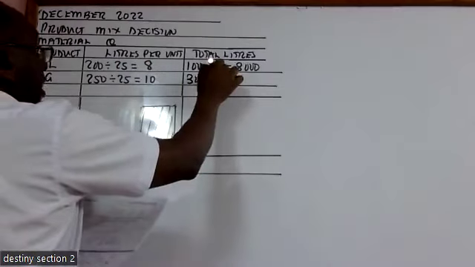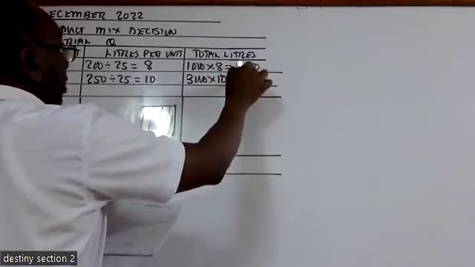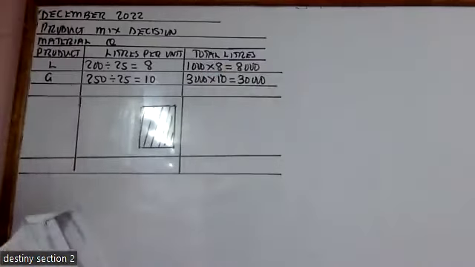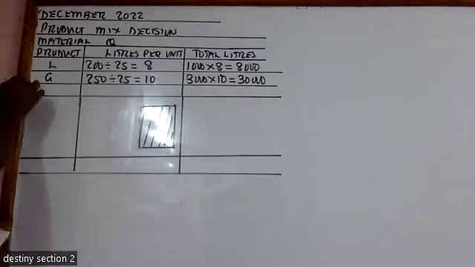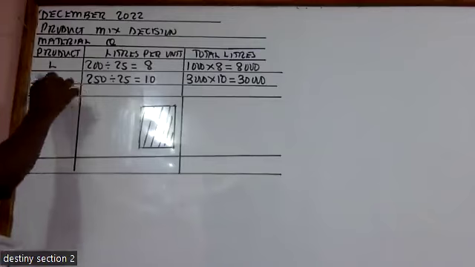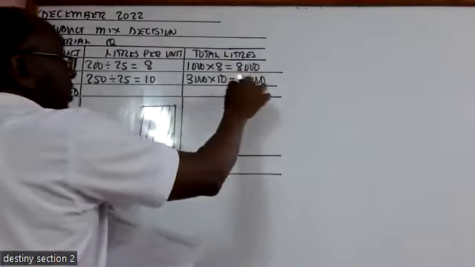So 3,000 times 10, it is 30,000. So the required, you just add these two, you get 38,000.